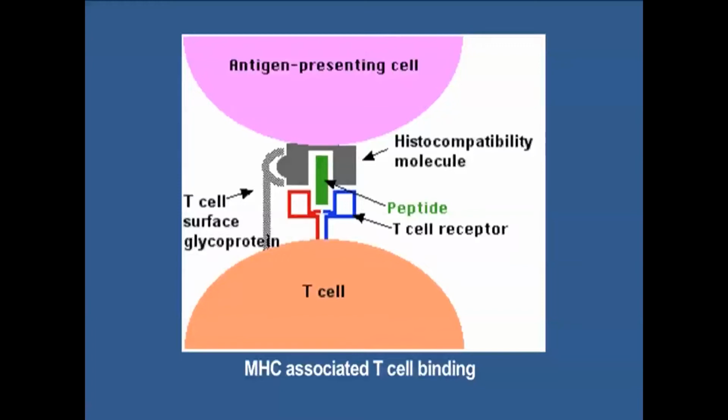That means what? If there is a particular MHC, there will be this histocompatibility molecule which will have that particular peptide inside, will bind with the T cell receptor of the T cell, and this is a specific site, and this particular binding will be aided by the T cell surface glycoprotein, and thereby there will be close affinity between the MHC and the T cell.